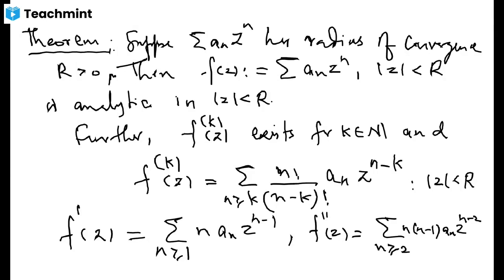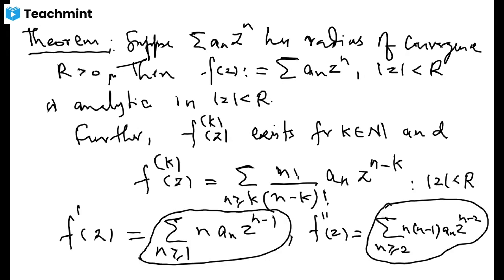And now since I'm using certain things here, for example this power series, you need to be sure about whether this power series has a positive radius of convergence or not.